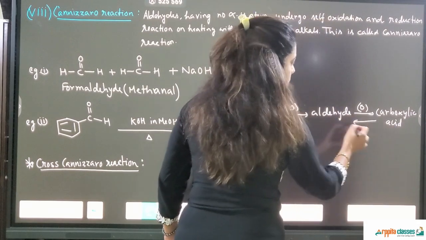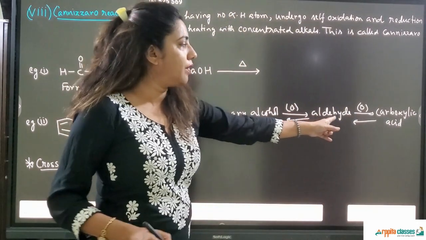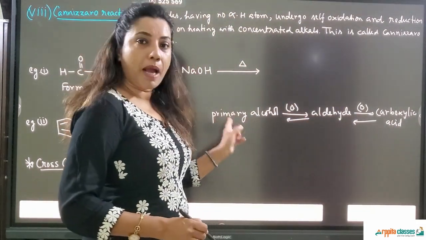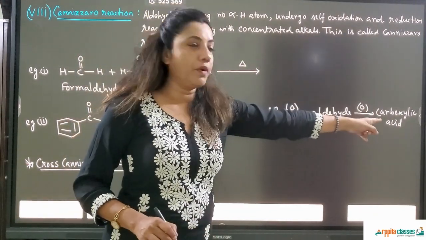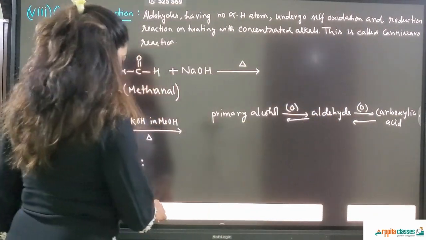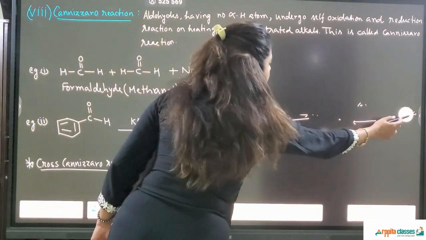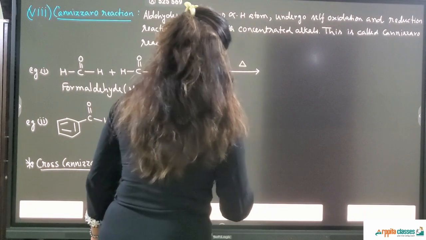So the reverse process will be reduction. When aldehyde is reduced, it will give you primary alcohol. When it oxidizes, it will give you carboxylic acid. So one molecule of aldehyde will get reduced and the other molecule will get oxidized, okay.